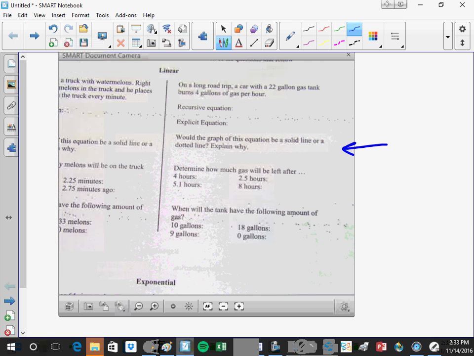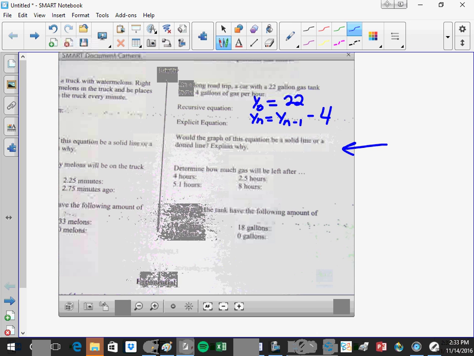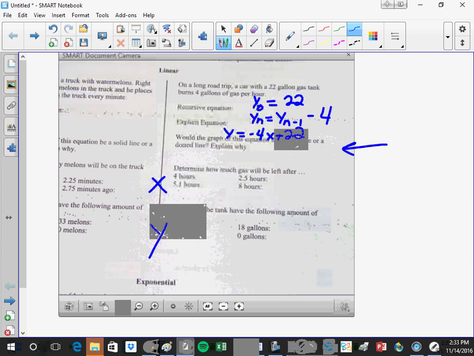So the recursive equation, y sub 0 equals 22, and y sub n equals y sub n minus 1 minus 4. To find any hour, take the previous hour and add or subtract 4 from it. What would the explicit equation be? Negative 4x plus 22. And same thing here. These are x values and these are y values.